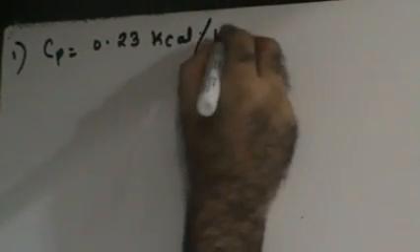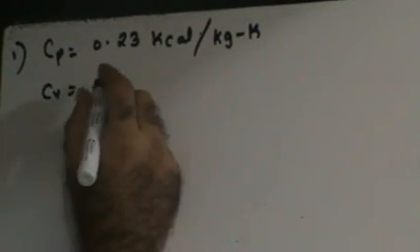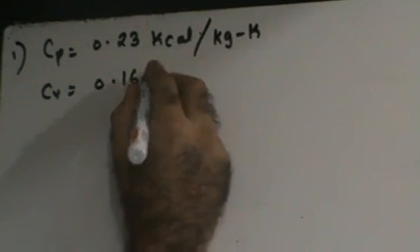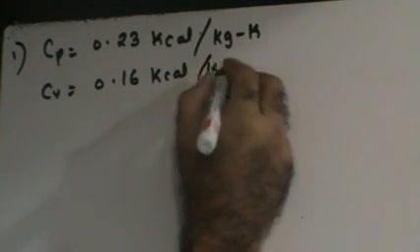Let's see this. Take down, we are doing numericals of kinetic theory of gases. The specific heat of air at constant pressure is 0.23 kilocalories per kg Kelvin, and at constant volume is 0.16 kilocalories per kg Kelvin.